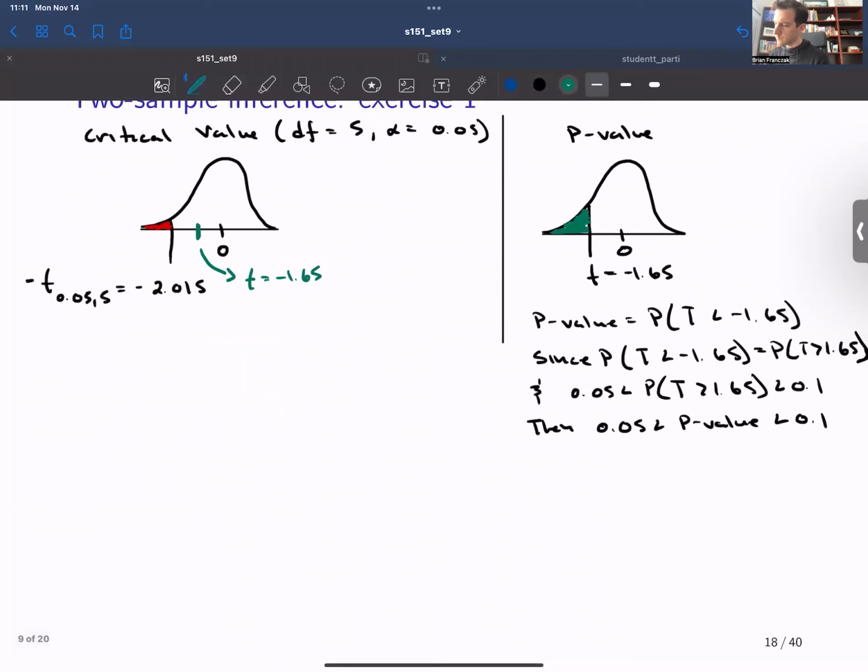So this is going to be the p-value for this particular test. And we'll go through it now in step 5.